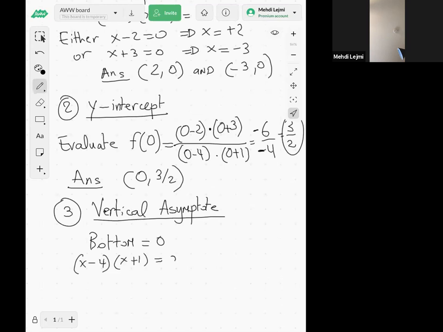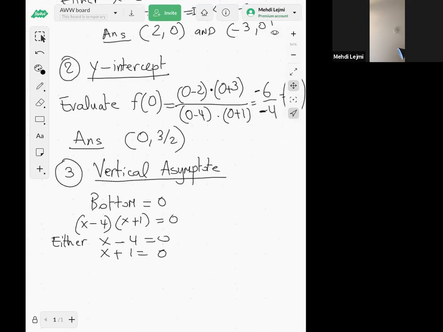So either the x minus 4 is 0, or the x plus 1 is 0. And so the answer for the vertical asymptote would be x equal to positive 4 and x equal to negative 1. Right, that's my vertical asymptote. And then of course the horizontal asymptote.